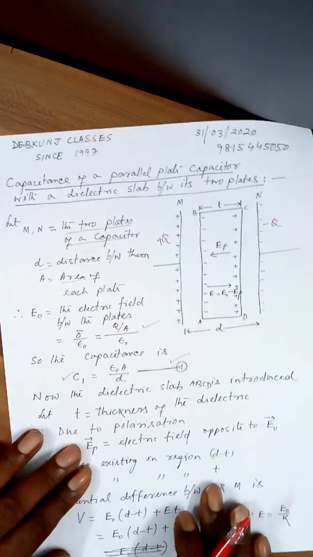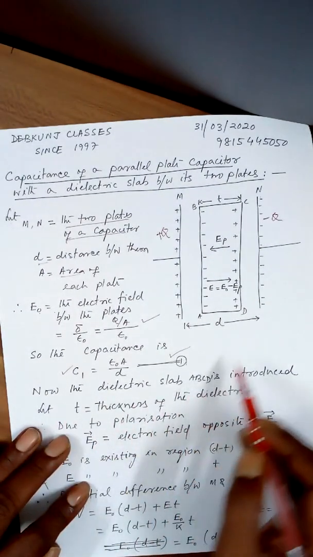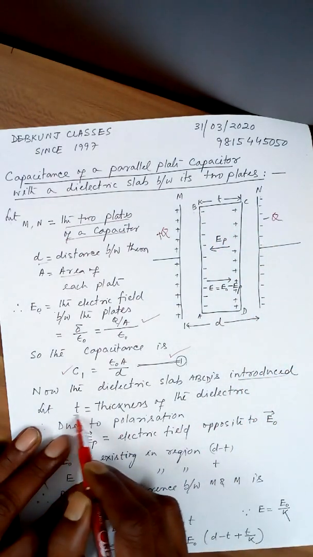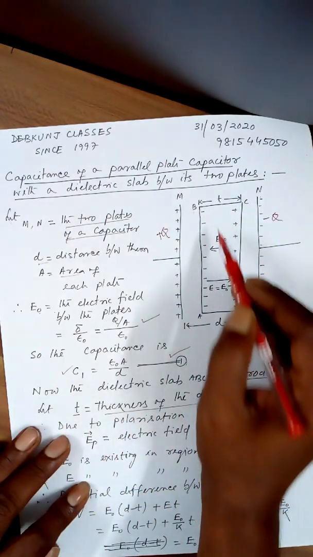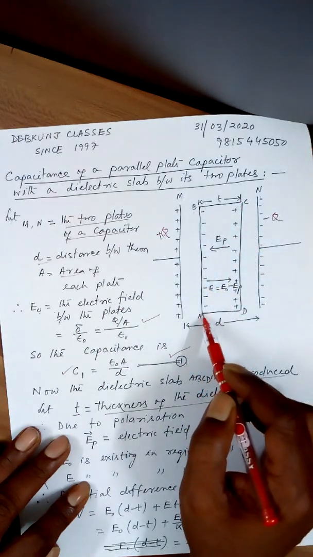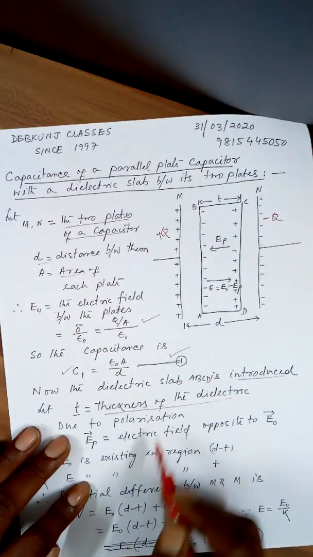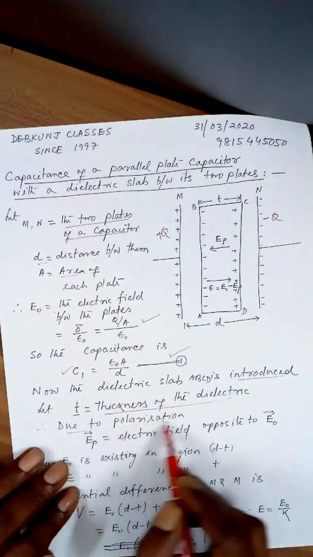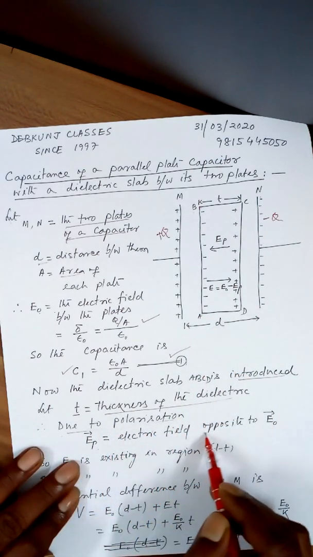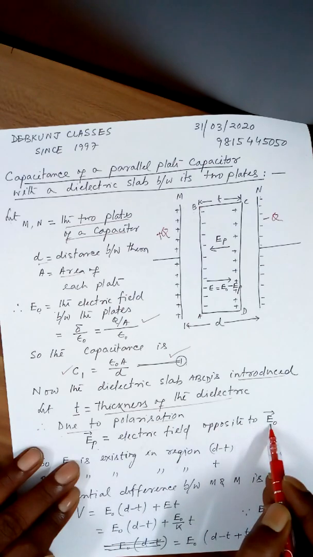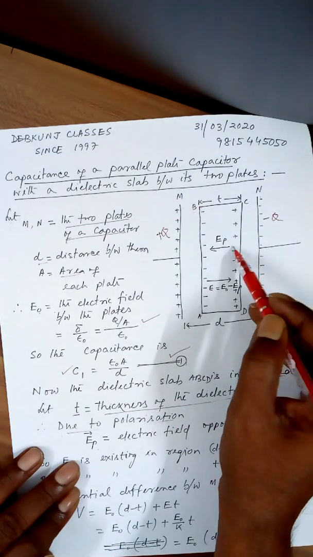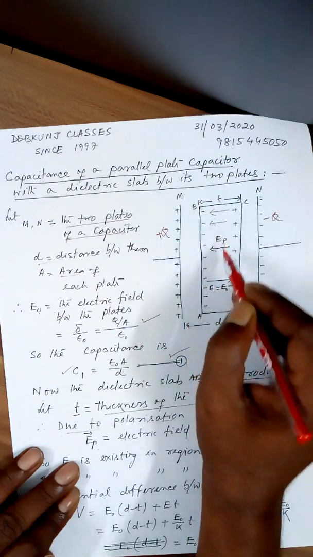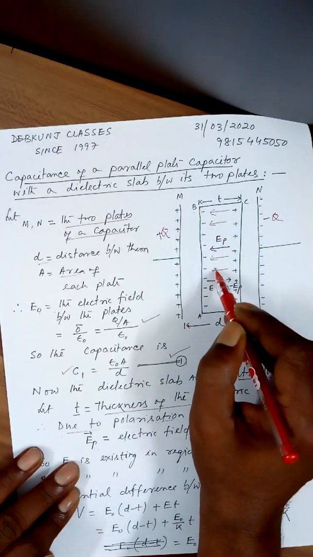Now the dielectric slab ABCD is introduced. Let t be the thickness of the dielectric, that is from here to here. Due to polarization, the electric field EP, opposite to E naught, is developed, from positive to negative.